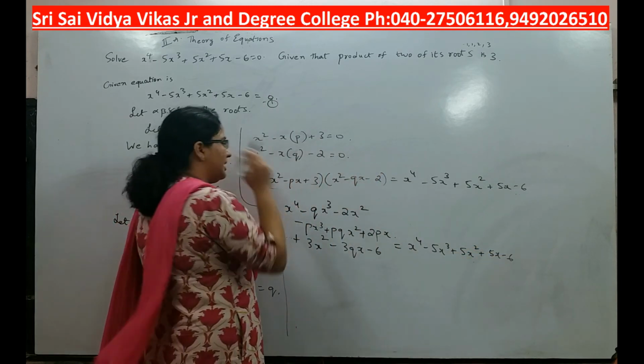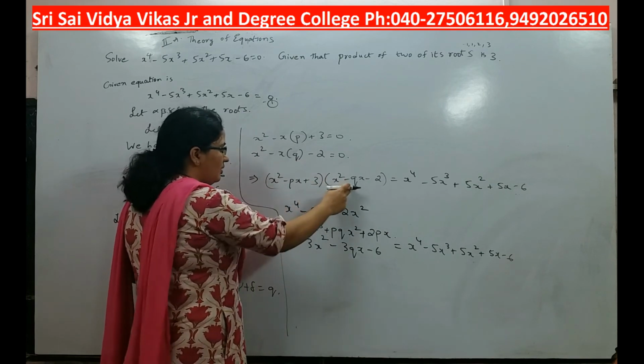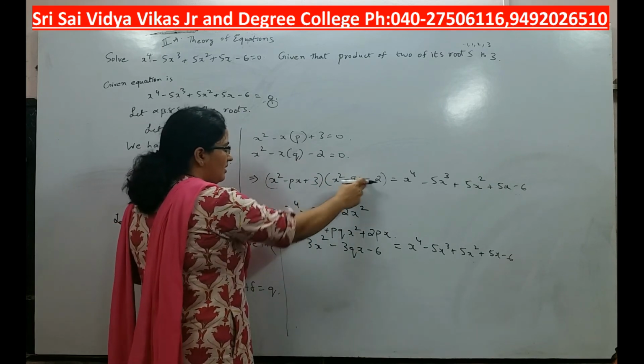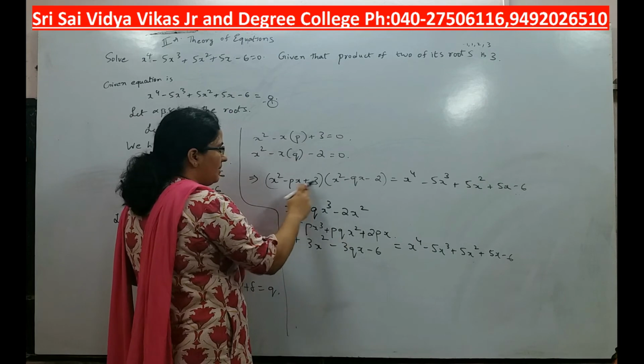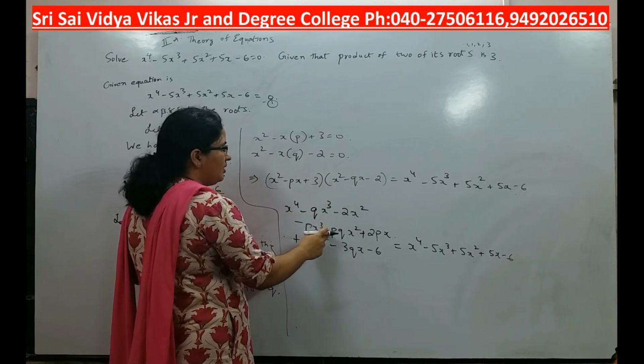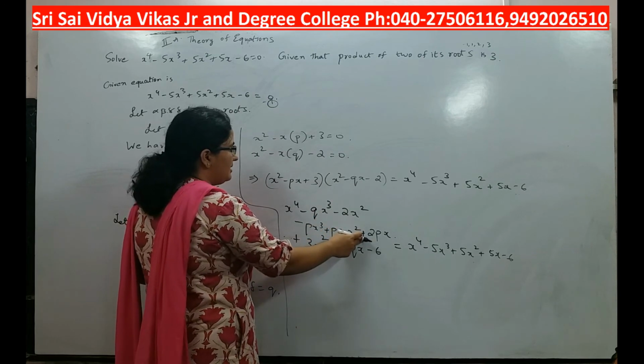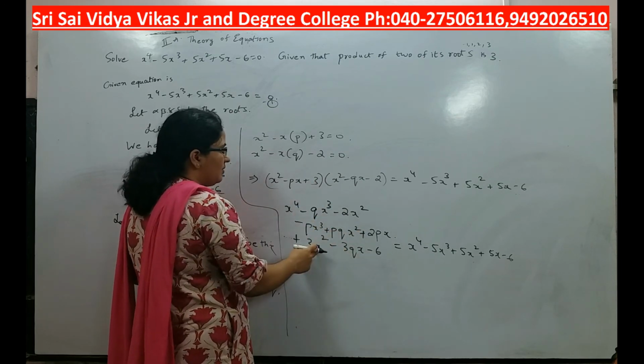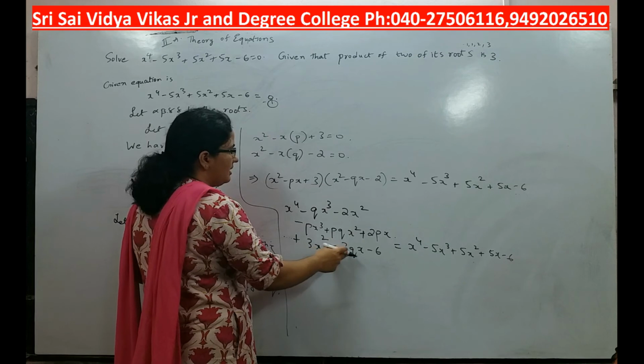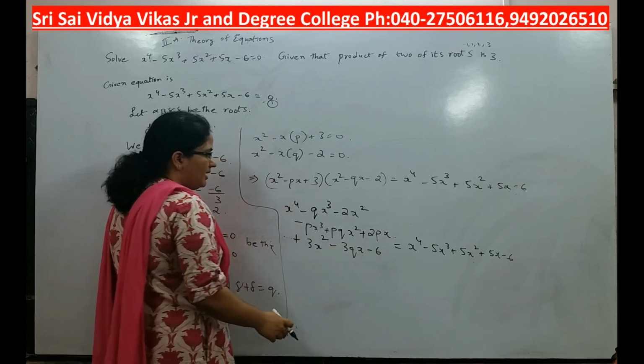Let us check once again: x power 4 minus qx cube minus 2x square minus px cube plus pqx square minus 2px, 3x square minus 3qx minus 6, right.